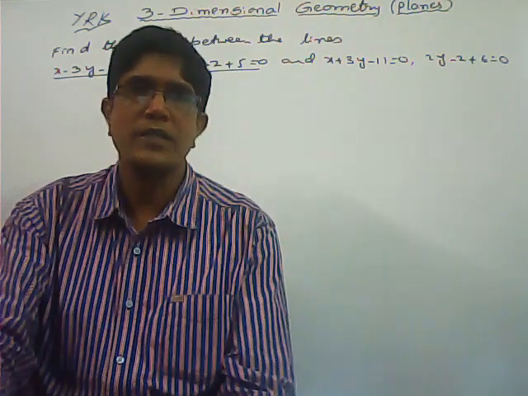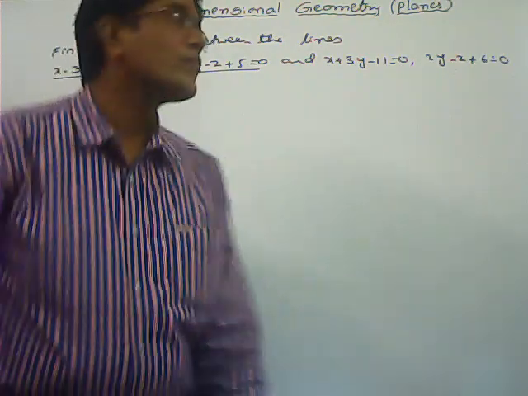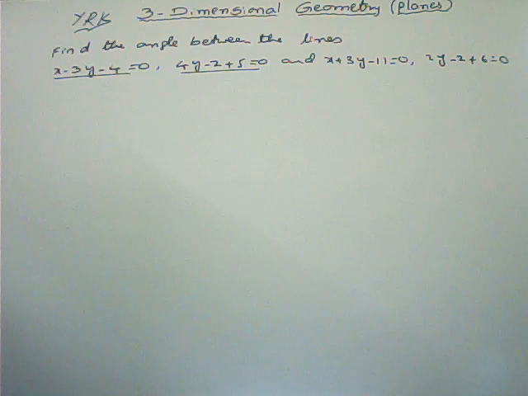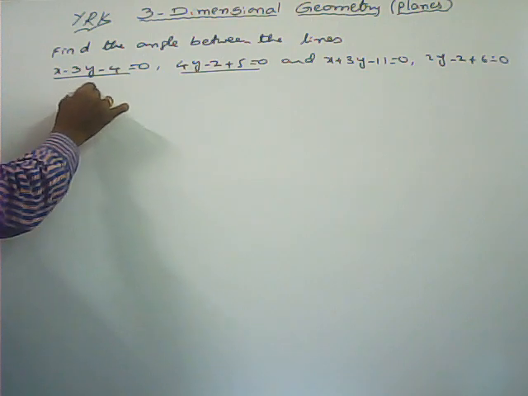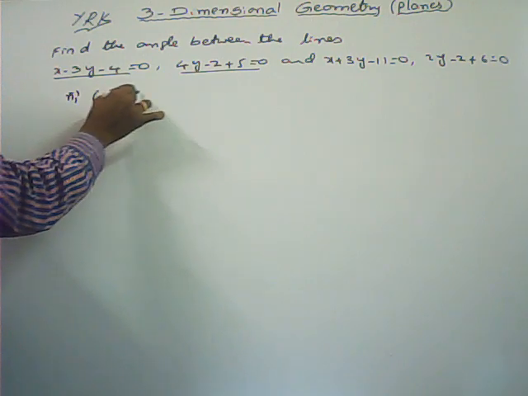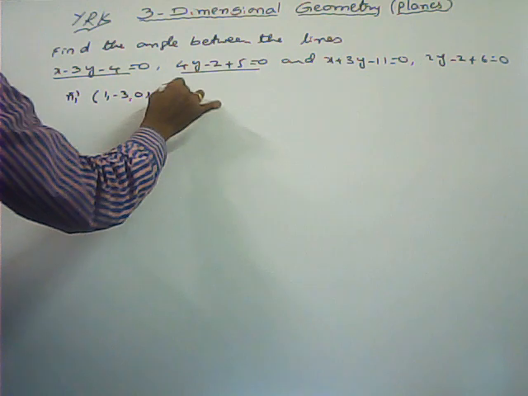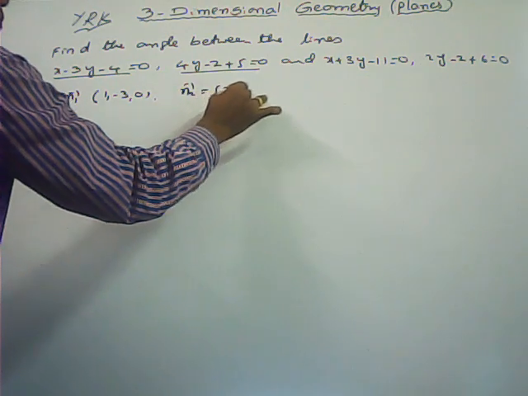Now they are asking for the angle between the lines. What are the normal vectors of these planes? n1 bar is 1, minus 3, 0, and n2 bar is 0, 4, minus 1.